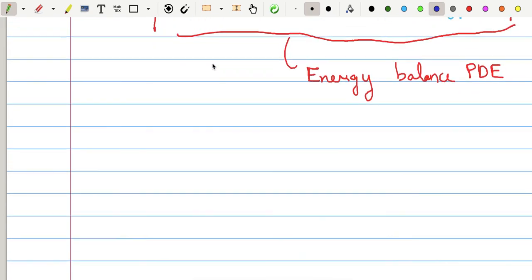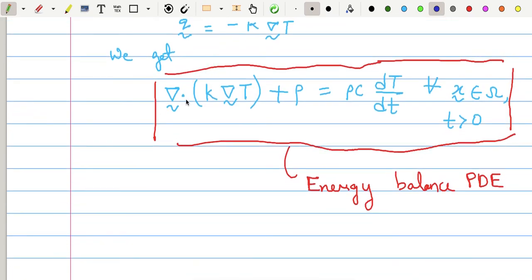So minus of minus becomes plus, and you finally end up with divergence of K times thermal conductivity times gradient of temperature plus, sorry, this is not a rho, I made a mistake, one second, plus heat generated per unit volume per unit time is equal to density times specific heat times dT by dt, okay, for all points in omega at all times.